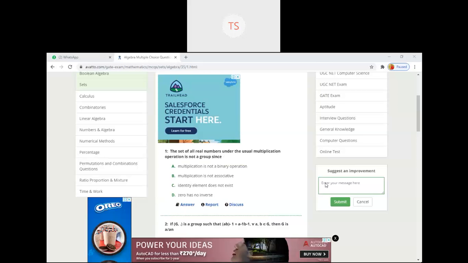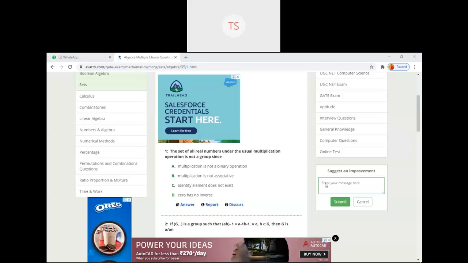Is it correct? Suppose for example, if you multiply 2, 3 and 5, you will get 30. Now if you multiply 5, 3 and 2, again you will get 30. That means the second condition, the associative property, is also satisfied by the real numbers.